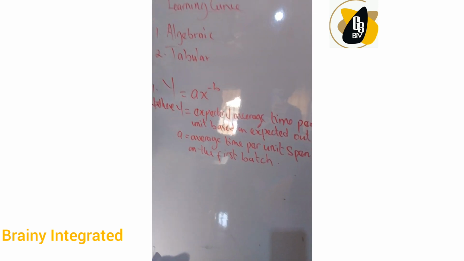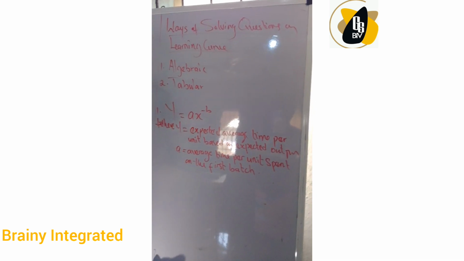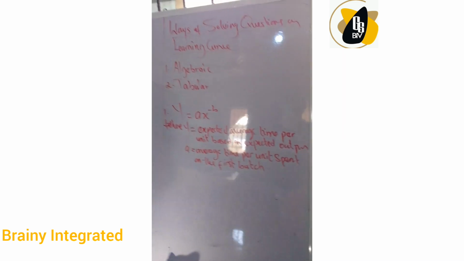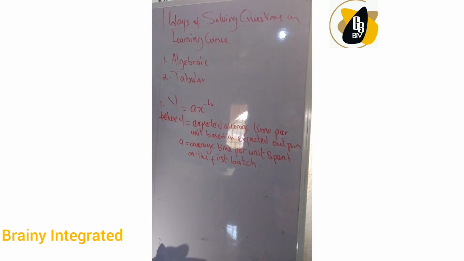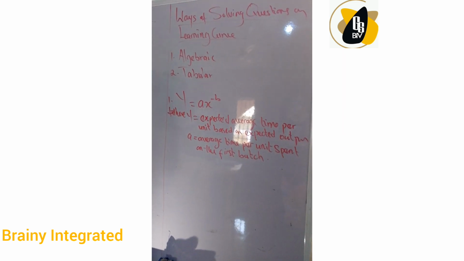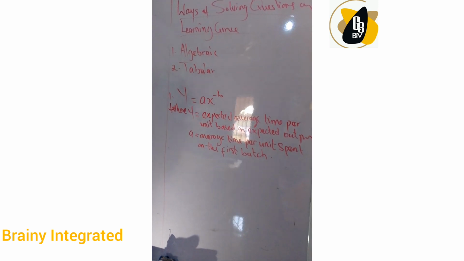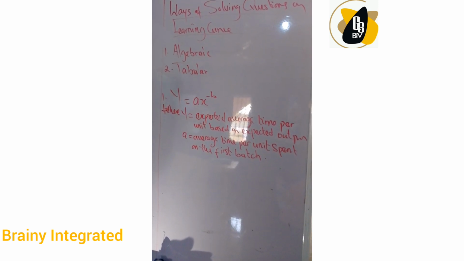And x is the index of learning, and the index of learning is the expected output divided by the number of units in the first batch.